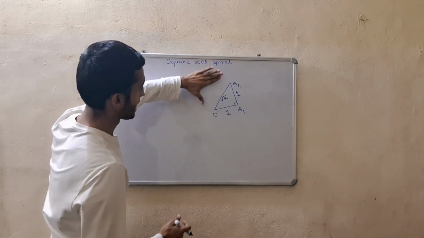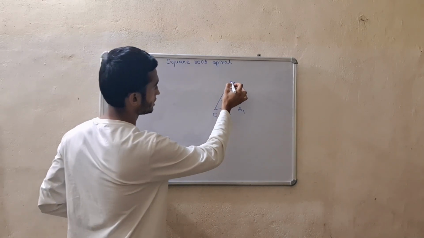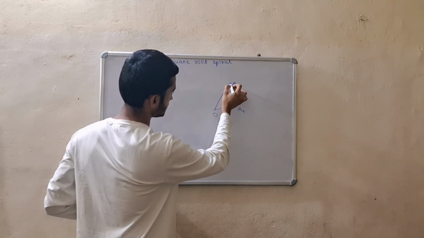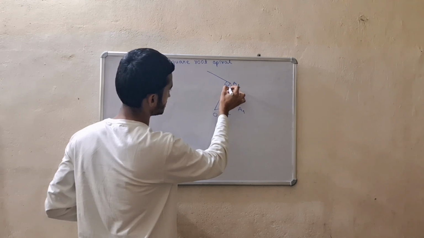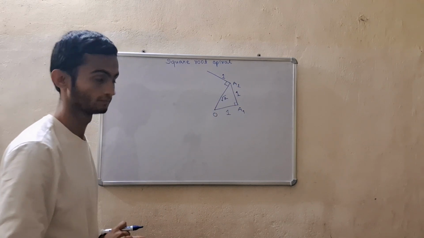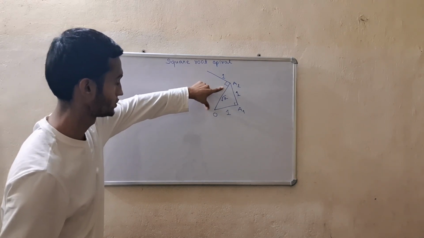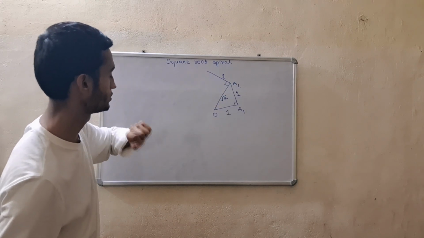Now taking this hypotenuse as a base, we will draw another line segment of unit length perpendicular to it. And this is of unit length as well. Why so? Because this side is of square root of 2 unit length and this is of 1 unit length.